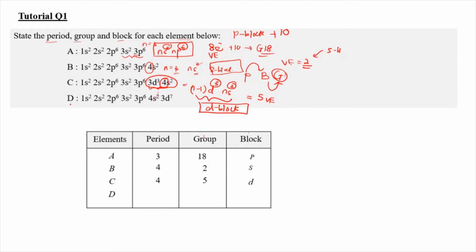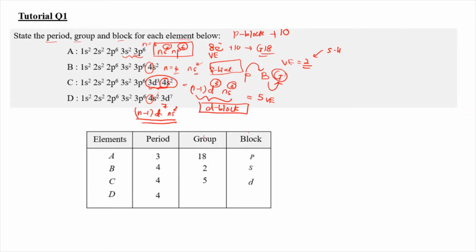Similarly for D, we have 4s2, 3d7. The highest principal quantum number is 4, so n equals 4. The block is similar to the configuration n minus 1, d7, and s2. Here n equals 4, and 4 minus 1 equals 3d.